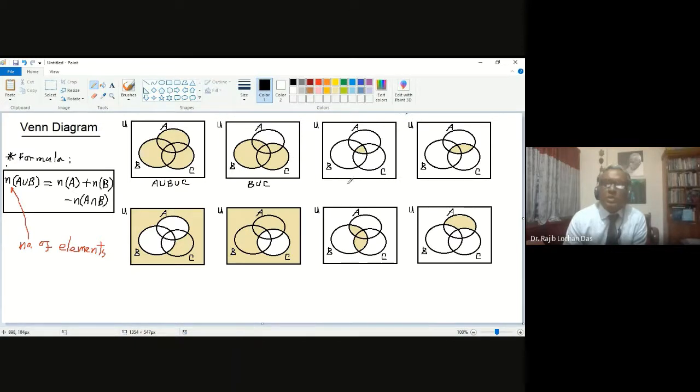The third one is A intersection B intersection C, because this is common to all three. And the fourth one is A intersection C only. So common in A circle and C circle. That's it. Some part is going inside B, that is not a matter.